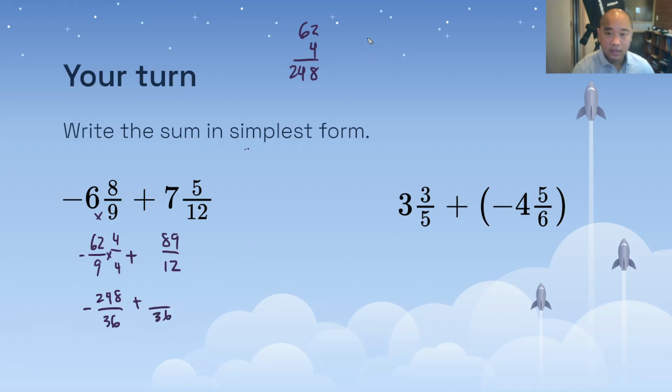So 89 times 3 is 267. So 267 and 248, these are opposites. One is positive, one is negative, so you just simply subtract them.